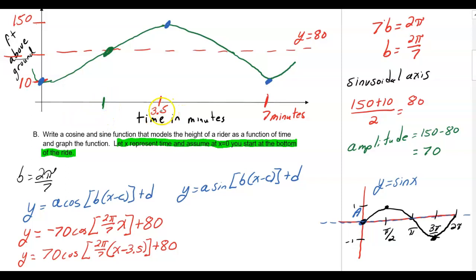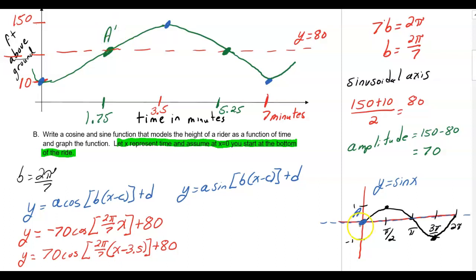So 0 plus 3.5 divided by 2 is 1.75. If you wanted the second green dot, which is in between 3.5 and 7, you would add up 3.5 plus 7, so 10.5 divided by 2, you get 5.25. So if you're trying to write a sine graph, you want to focus in on one of the green dots. So I'll call this A prime.